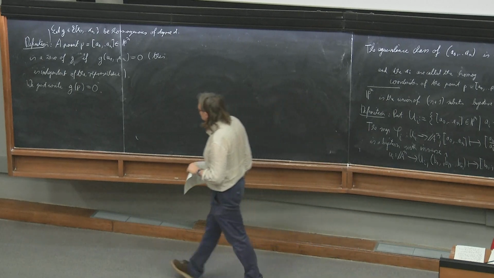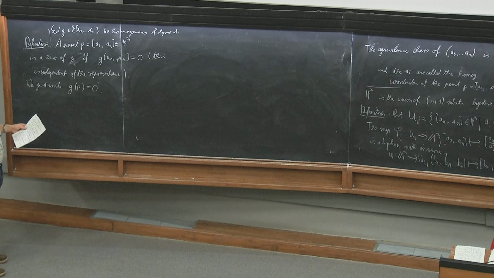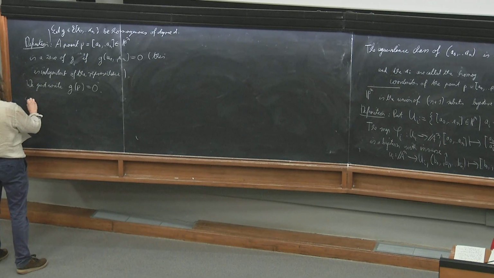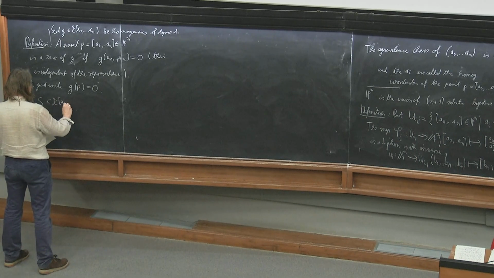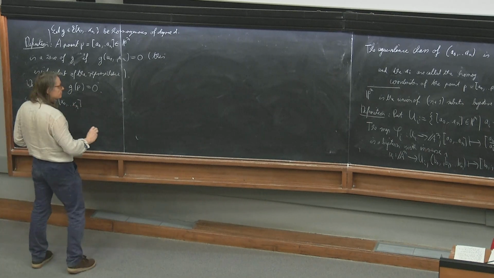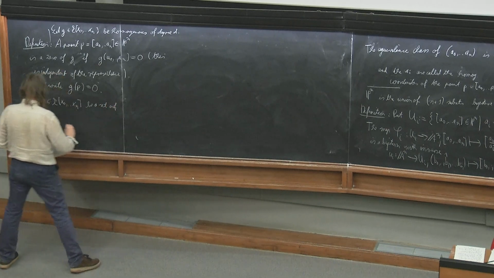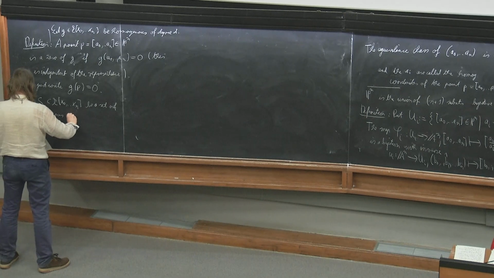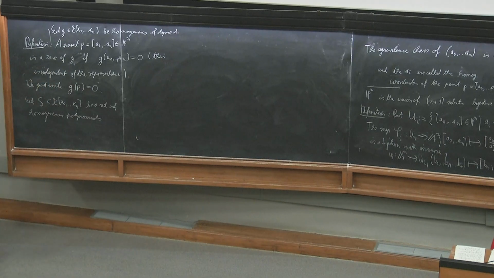So now we want to define projective algebraic sets as zero sets of polynomials, and obviously of homogeneous polynomials. So let S be a set of homogeneous polynomials in K[x0 to xn].